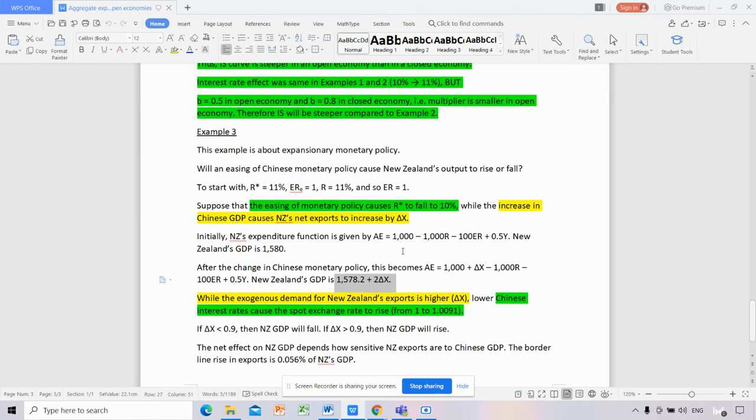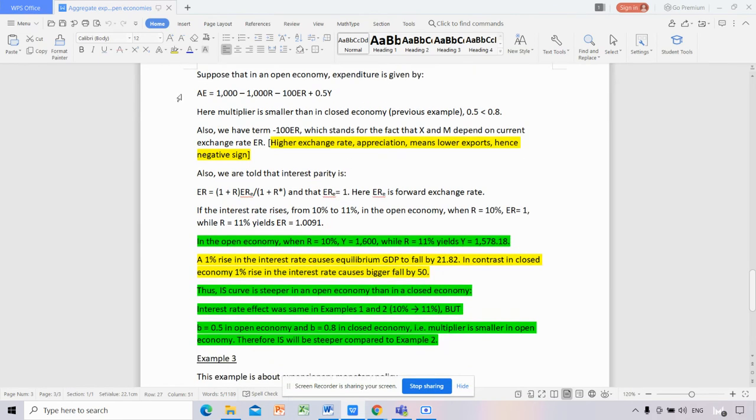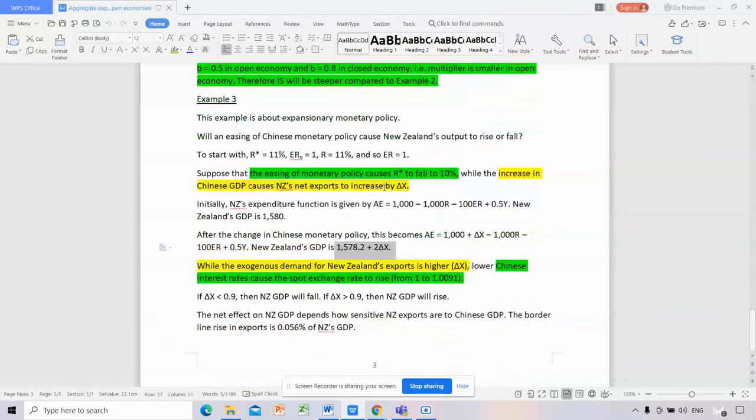New Zealand GDP is supposed to increase. But on the other hand, there will be appreciation of the New Zealand currency and its negative effect on New Zealand GDP, as we just explained here. Higher exchange rate and appreciation is negatively related to aggregate expenditure and income in the country where the exchange rate appreciates.